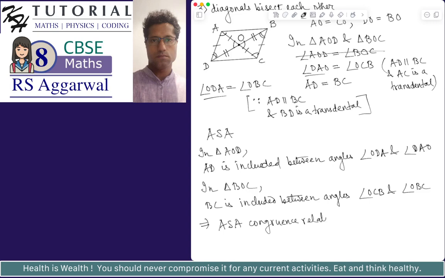Now you need to properly name the congruence relation between the two triangles. So if I say triangle AOD must be congruent to triangle OCB, is it so? So AO must be equal to OC, OD must be equal to CB. No, this is wrong.